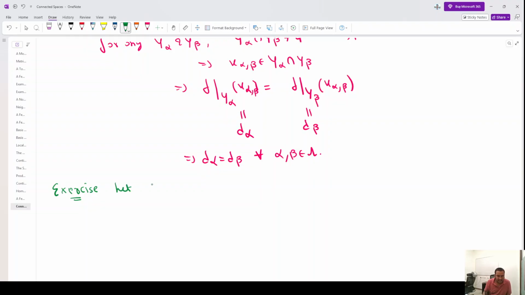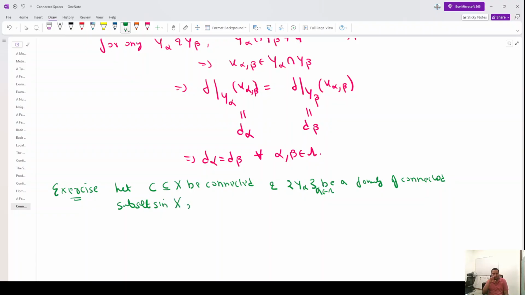So let C contained in X be connected, and Y_alpha, like above, be a family of connected subsets in X. But I am not saying now they are pairwise disjoint or anything.